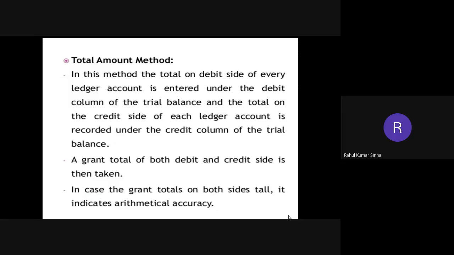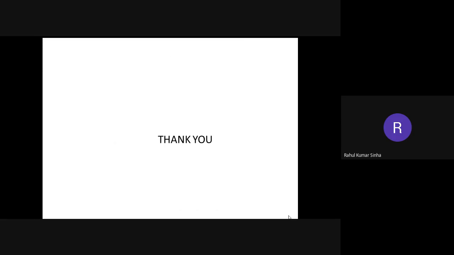In this way, the total of every account's debit is put on the debit side, and the total of all the credits of all the accounts is put on the credit side. So this is the total method, and if the total of debit and credit matches, that indicates arithmetical accuracy. It means for every debit we have made the credit.